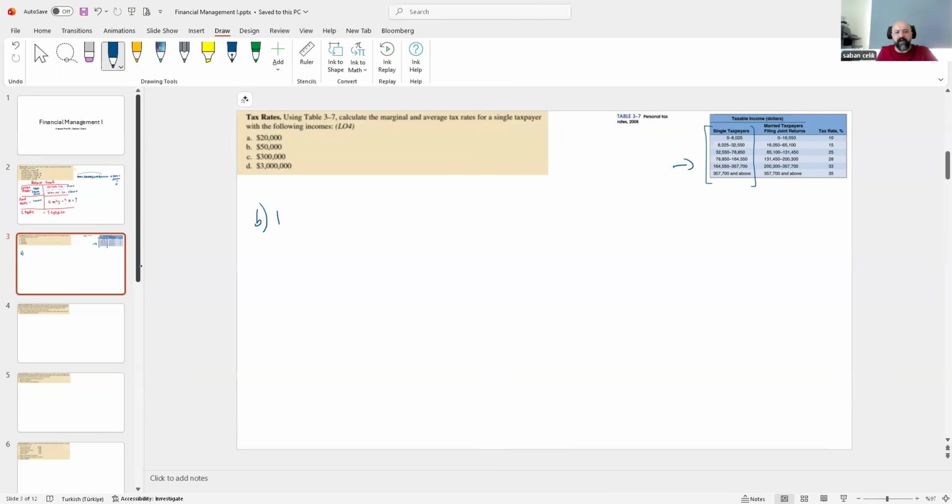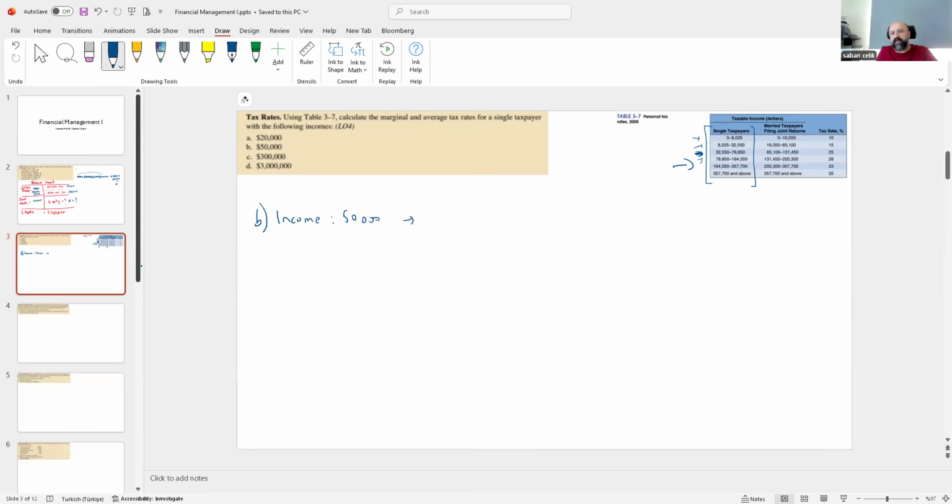So if my income is 50,000, I'm going to calculate the tax per each threshold here, and then I will calculate the average tax rate. How am I going to do that? First of all, the shortcut solution: 50,000 will be somewhere at the third rank here.